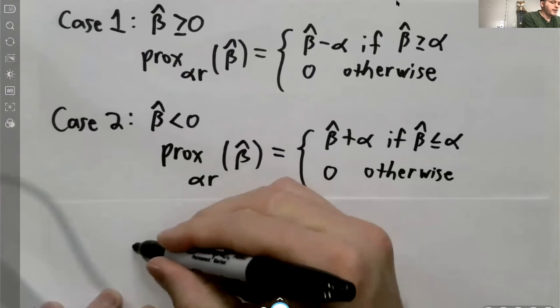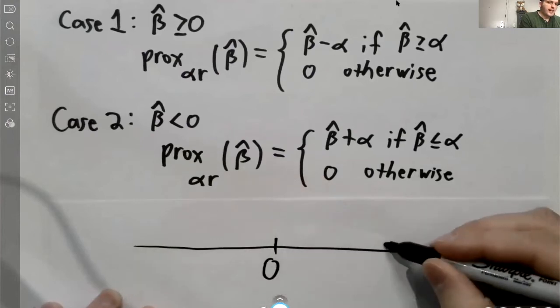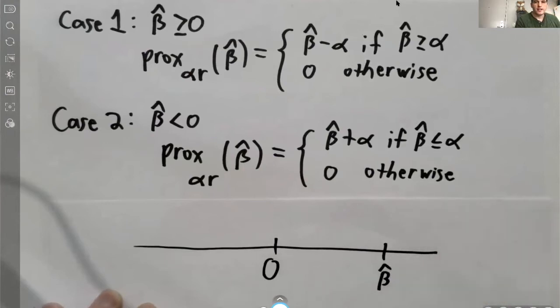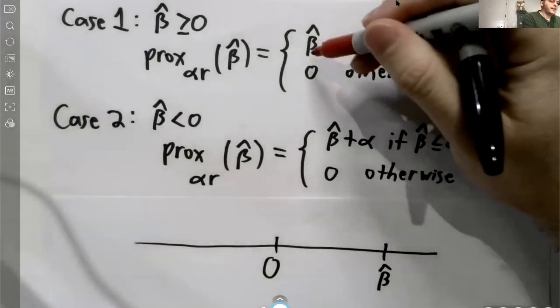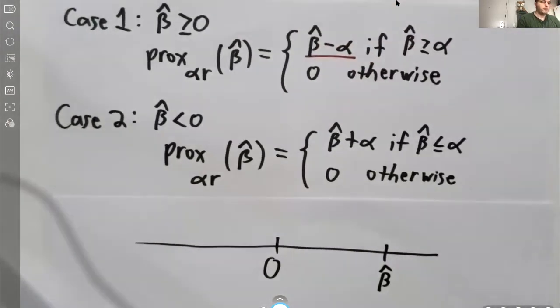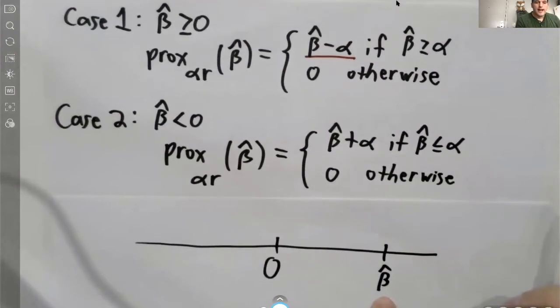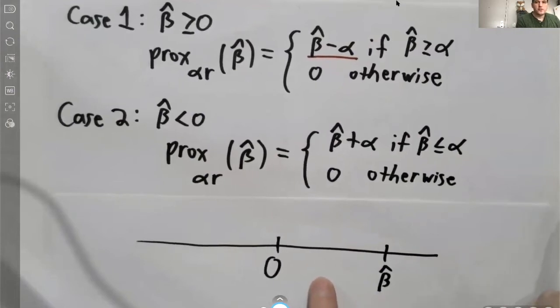Let's draw a picture of the number line, and here's the origin, and here is beta hat, the input to the prox operator. What is this formula telling us visually? What this means is that starting at beta hat, we just move to the left towards the origin a distance alpha, and that is our new point.